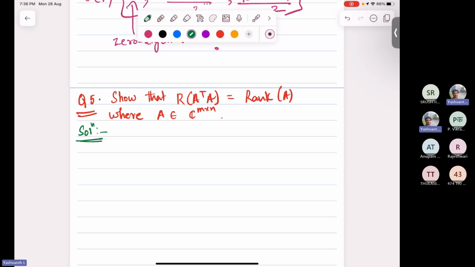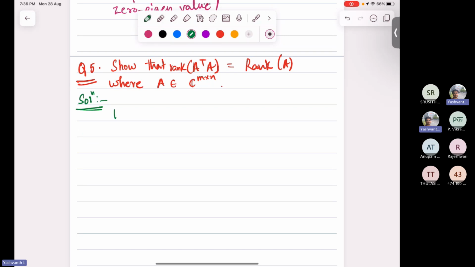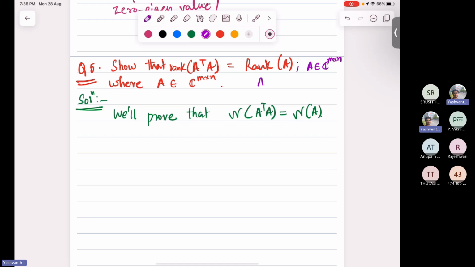The way I'm going to attack is by using the properties of null space of the matrix A. So we will prove that the null space of matrix A transpose A equal to null space of A. Now let me recollect the dimensions of the matrices. A is in C to the M cross N, and A transpose A is in C to the N cross N.